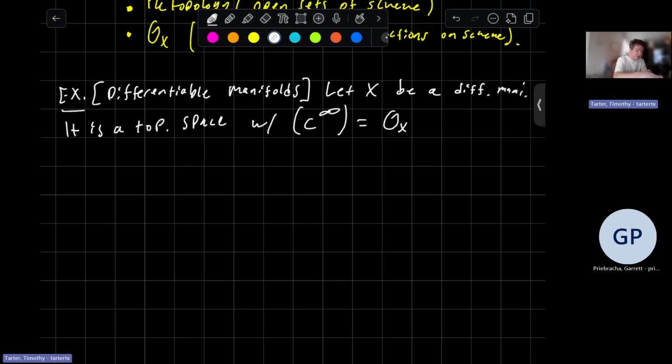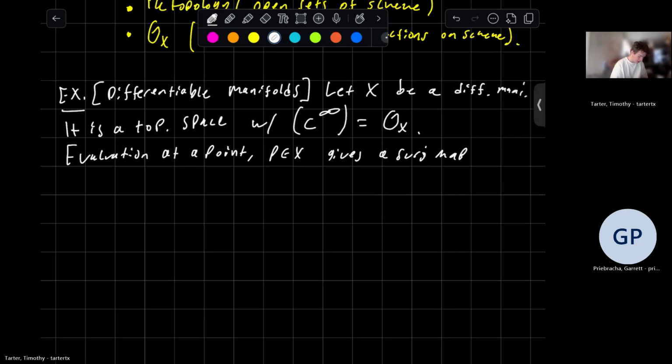And we have observed that evaluation at a point P in X gives a surjective map from the stalk of the structure sheaf to the real numbers.